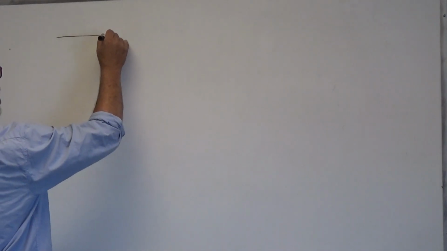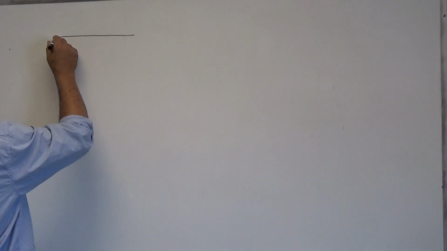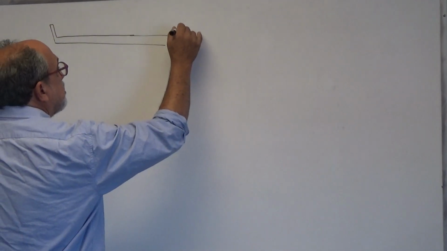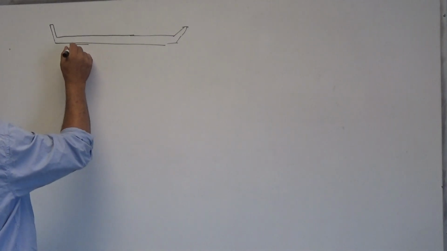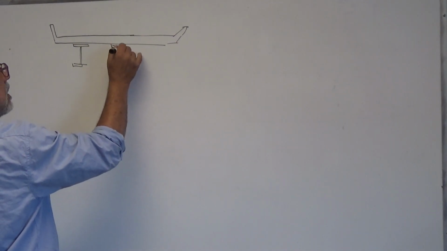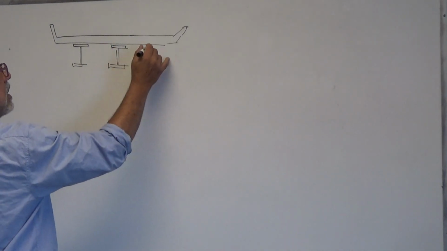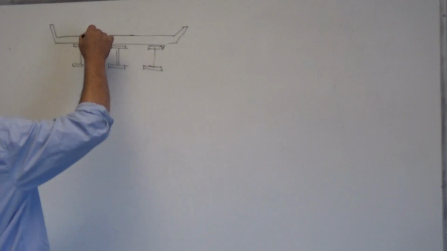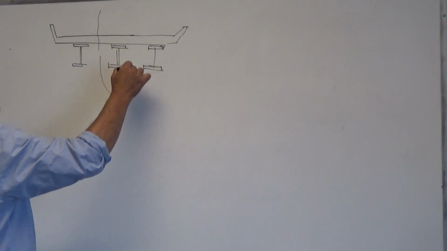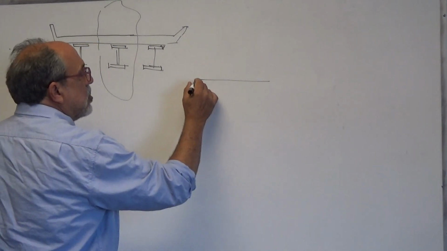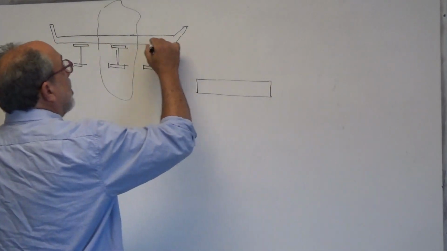In that particular case, and we will do an example today, one finds, for example, something like this, right? And something like this. And so, if you focus on this part right here, you can see that you have some concrete, because this is concrete, right?